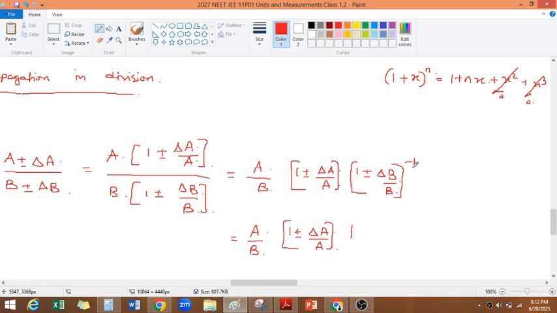So that means minus into minus, it will become plus; minus into plus, it will become minus; plus into minus, it will become minus; plus into plus, it will become plus. 1 into b. So that means delta b by b. So this is an approximation, not exact thing.